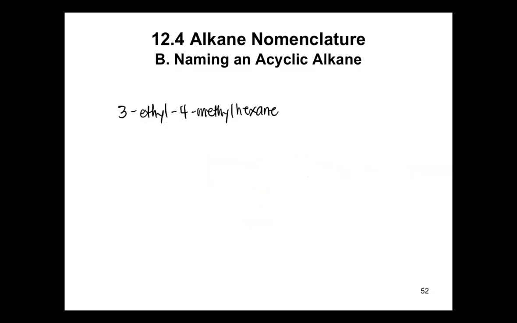Next one, you have 3-ethyl, 4-methyl hexane. Still, you have 6 carbon atoms. 1, 2, 3, 4, 5, 6. Okay, after that, i-attach mo na yung mga carbon atoms na kailangan, yung mga substituents. So, nasa carbon 3, ethyl, dalawang carbon, and then sa carbon 4, isang carbon.